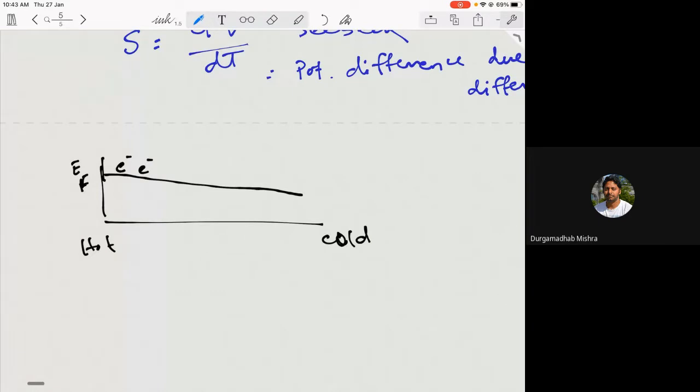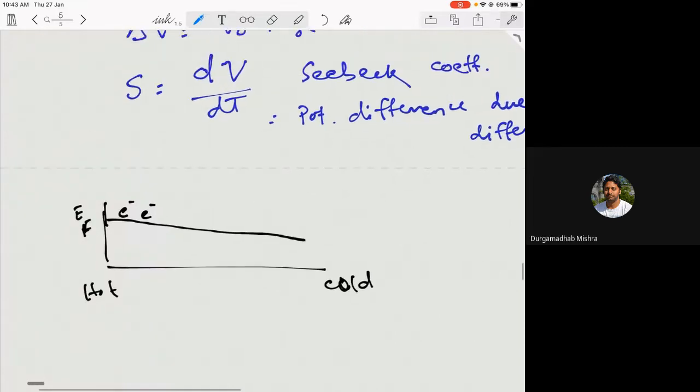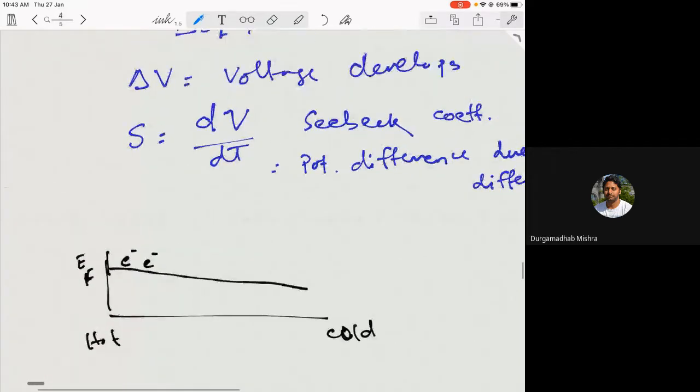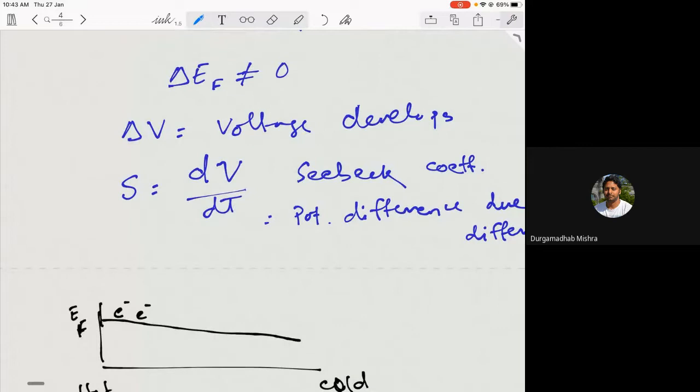If you keep it hot and cold forever, this electron conduction keeps taking place. But that also leads to a voltage which you can actually measure.